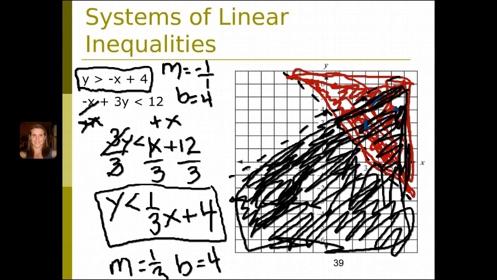I'm not going to be able to give you all of the solutions, but anything in the area that has black and red shaded, not including this boundary line, but including this boundary line, would be included. So everything that's shaded black and red, and I'm putting some blue points in here, would be solutions to this system.